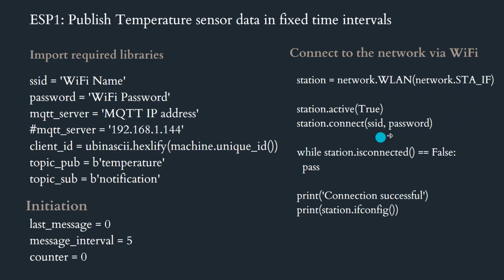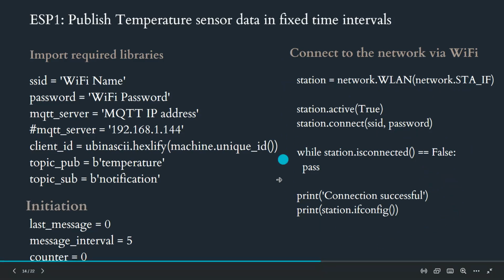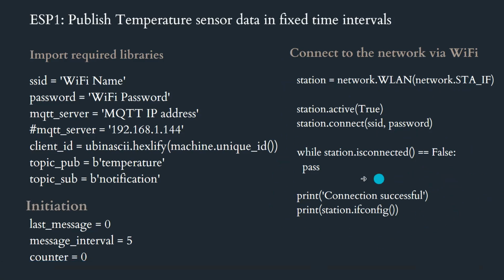In here we only need to define the SSID and the password. Other things are already defined in the libraries and modules, so the rest of the things need not be changed. We also have this while loop, which is about connecting our device to the Wi-Fi.